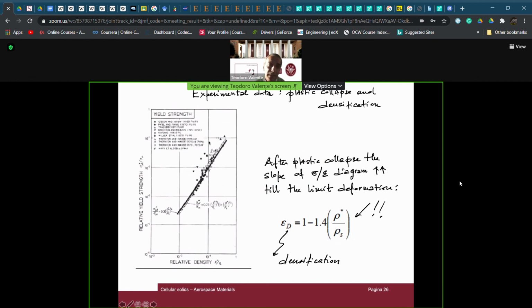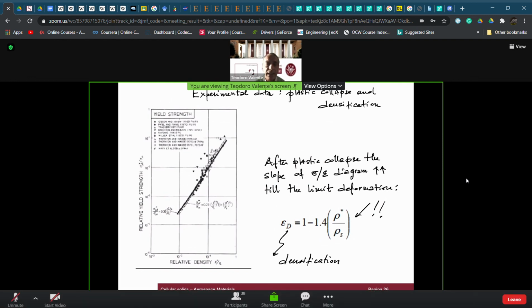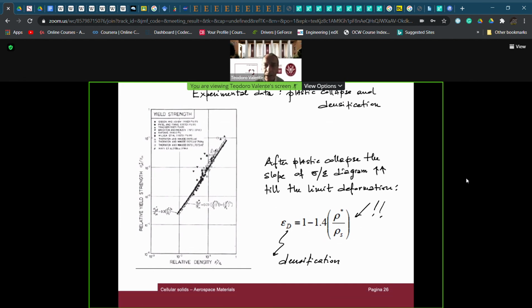Here you have some experimental data which are fitted by using that simple equation.